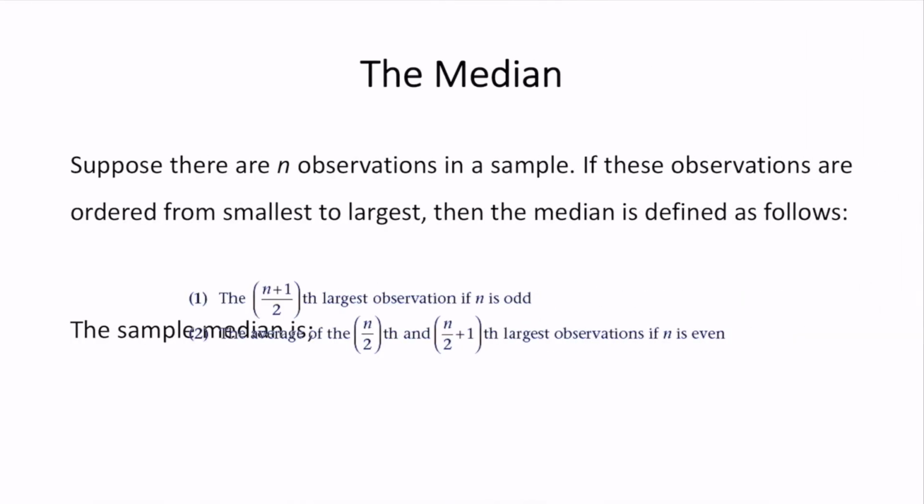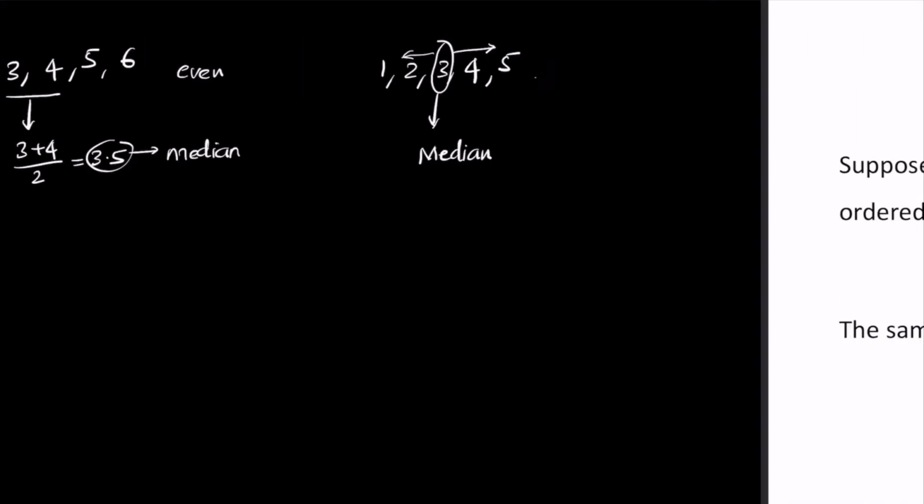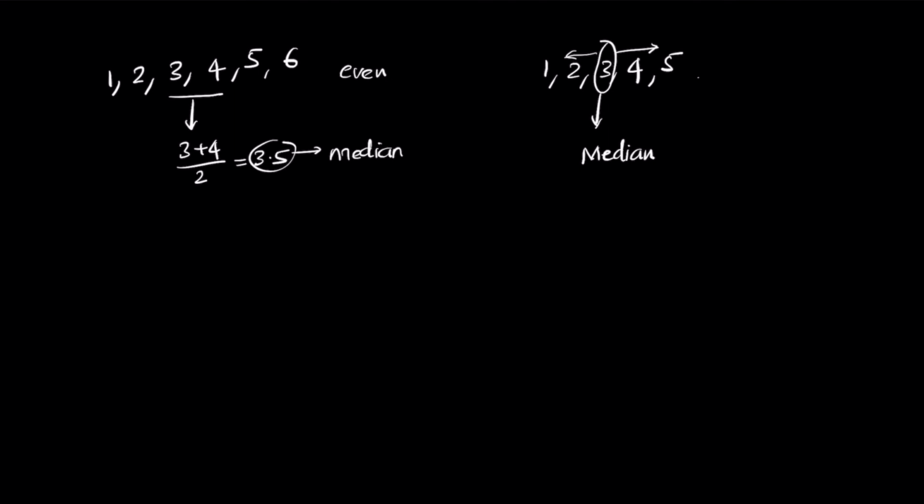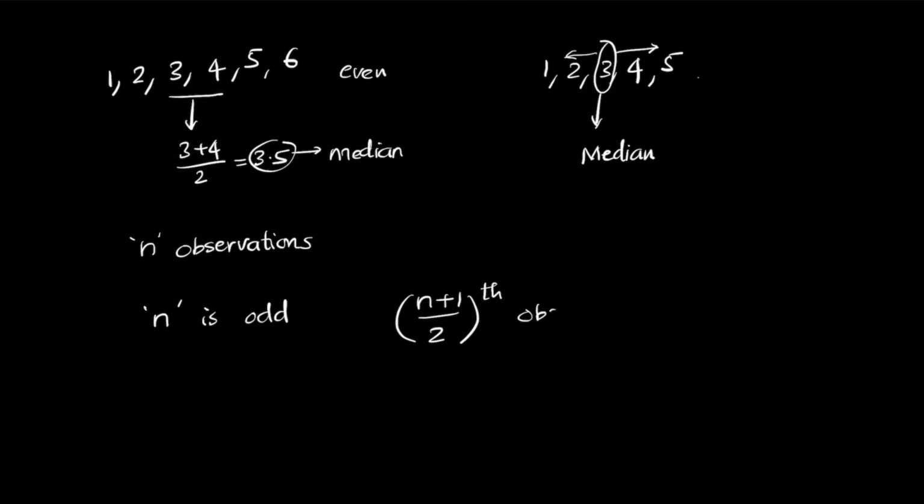To make it easier, we generally give them simple formulas. If you have n observations, and if n is odd, the n plus 1 by 2th observation is the median.